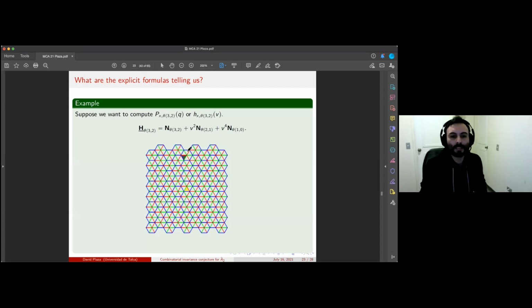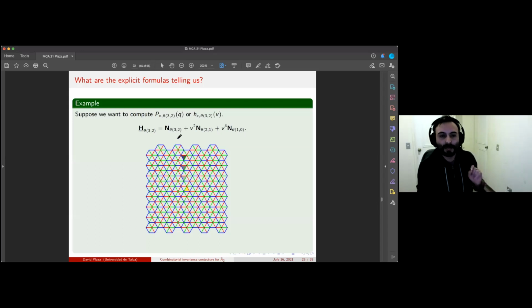So remember, these n's are indexed by θ32, θ21, and θ10. This triangle is the one corresponding to θ32. This triangle is the one corresponding to θ21, and this corresponds to θ10.